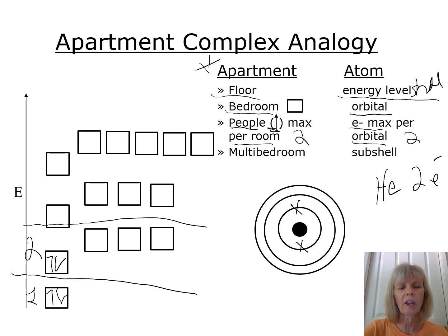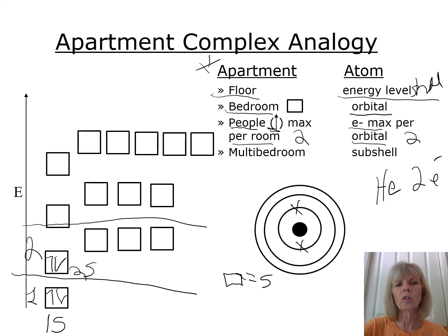For helium, which has 2 electrons, we would say it's on shell number 1. The way you write the address is you go 1, and if you have a 1-bedroom apartment, that's indicated with the letter S. So its address would be 1S. If I go to floor number 2, the address would be 2, and a 1-bedroom apartment on floor 2 would be called 2S.